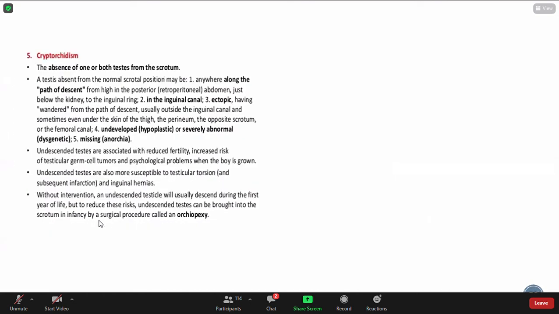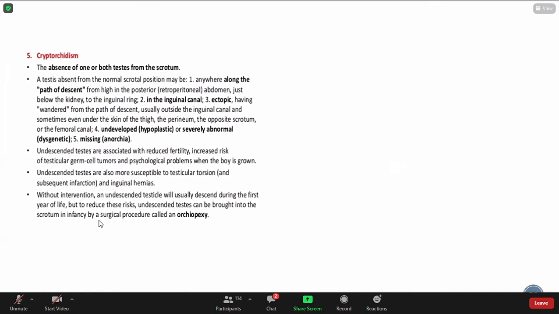Cryptorchidism. It is also known as the undescended testis, or absence of one or both testes from the scrotum. A testis is absent from the normal scrotal position. It may be anywhere along the path of descent: still in the abdomen, high in the posterior retroperitoneal abdomen, or in the inguinal canal.